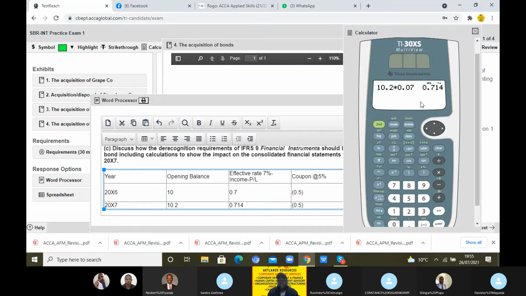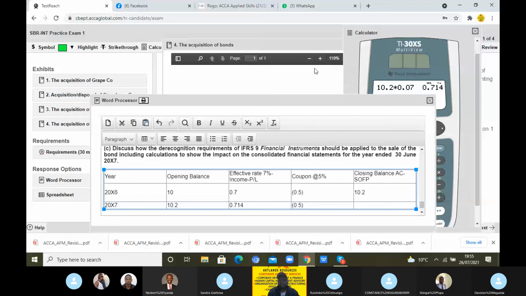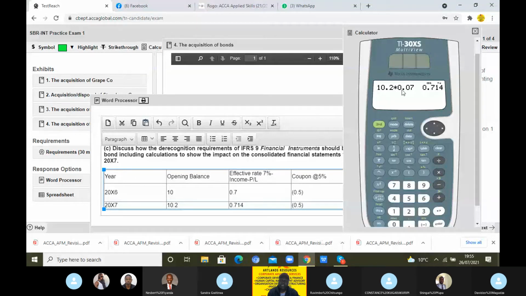So you're now saying this one plus, you come to the calculator to highlight it. How do you highlight a calculator? Perhaps you're not seeing it. For the calculator to be active, notice the edges of the calculator. I click it like this.